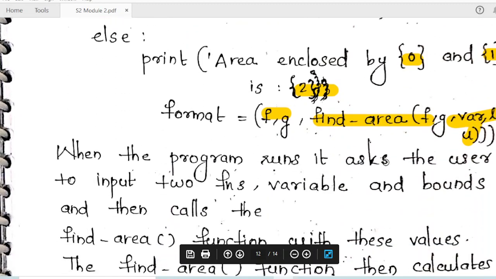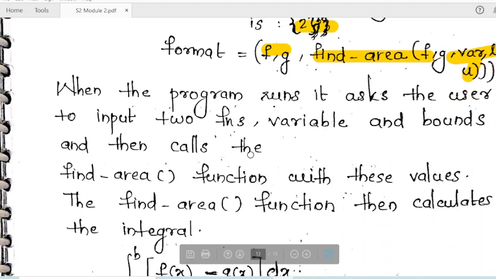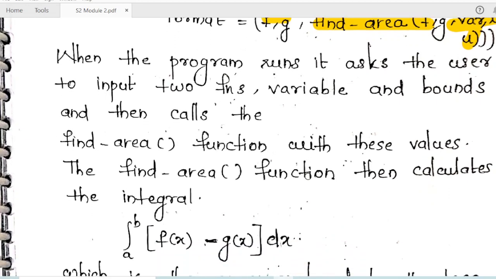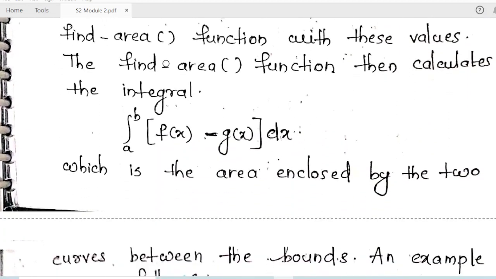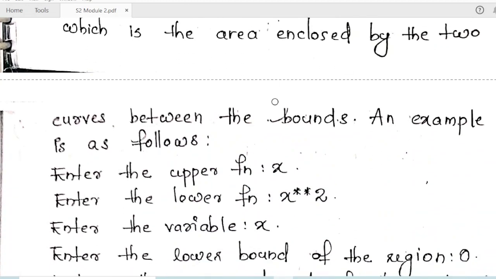So when the program is run, it asks the user to input two functions, variables and bounds, and then calls the find underscore area function with these values. The find underscore area function then calculates the integral a to b of f of x minus g of x dx, which is the area enclosed by the two curves between the bounds.